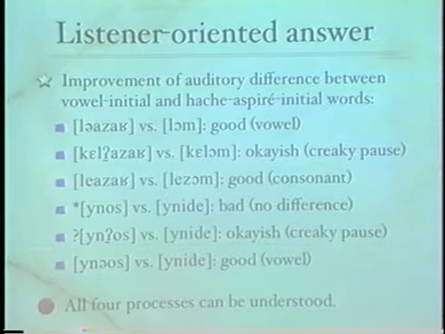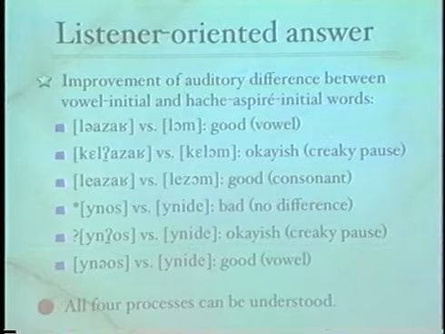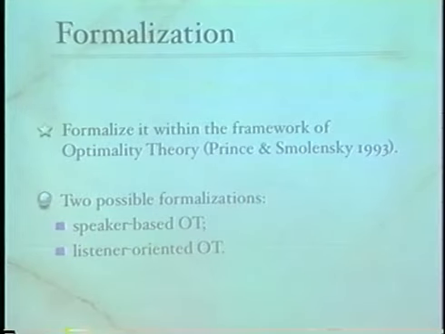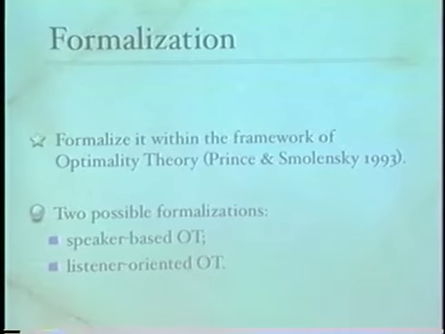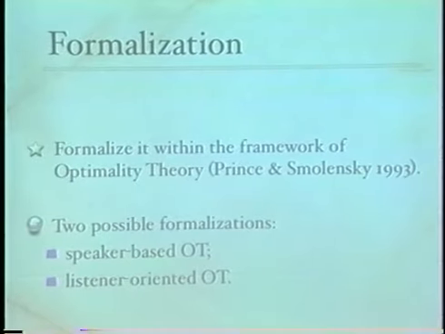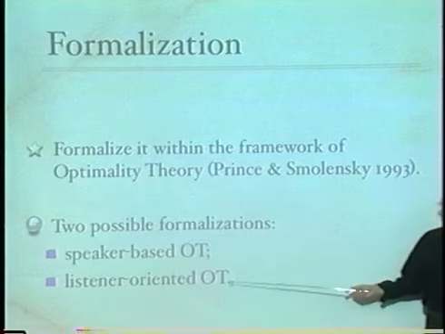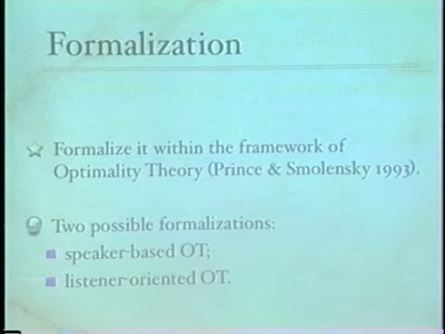Well, explaining it in these functional terms is something different from convincing phonologists who want only a formal explanation. So I'll try to formalize it within the framework of optimality theory, for instance, Smolensky, 93. And I'll show you two possible formalizations. First, speaker-based OT, and listener-oriented OT.